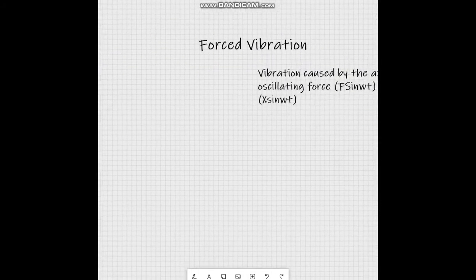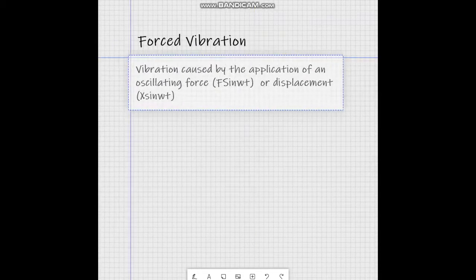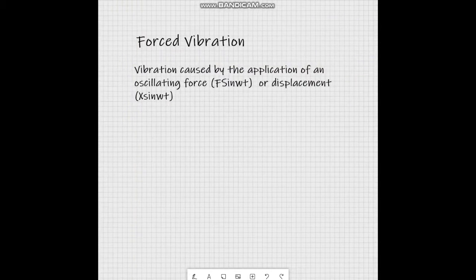So let me plug this definition here, and let's write our standard form of the differential equation.